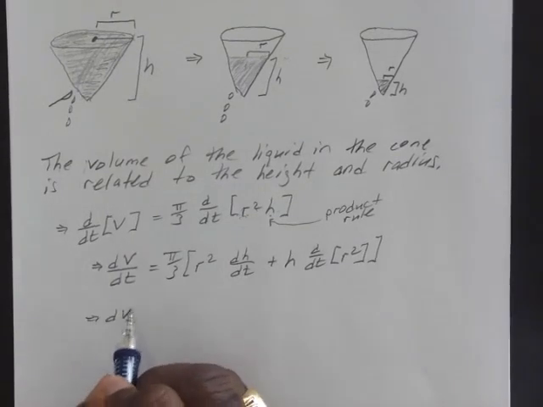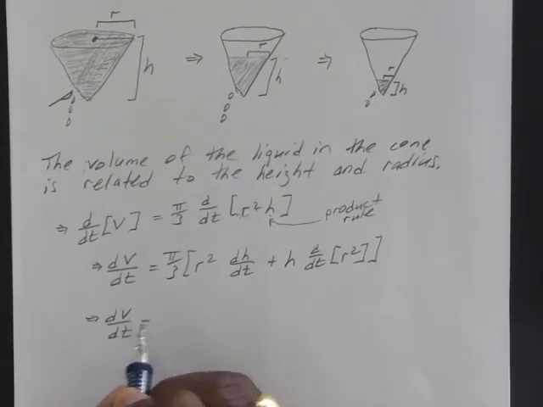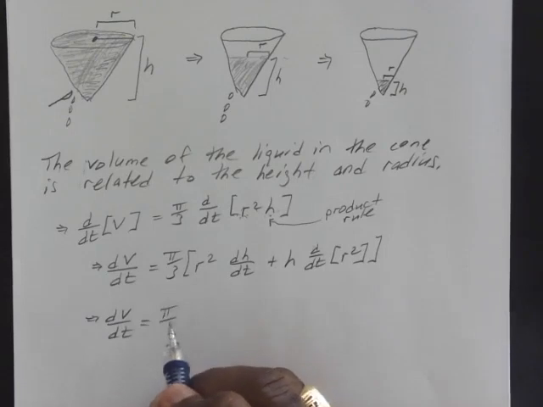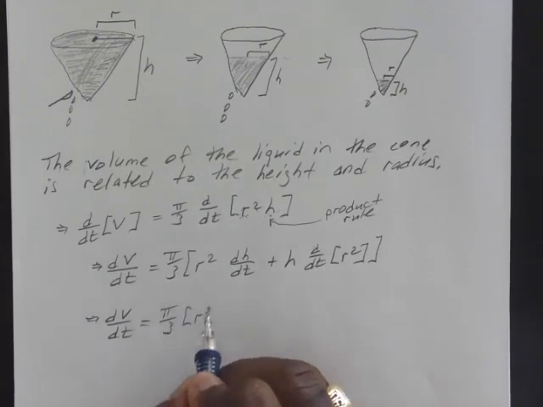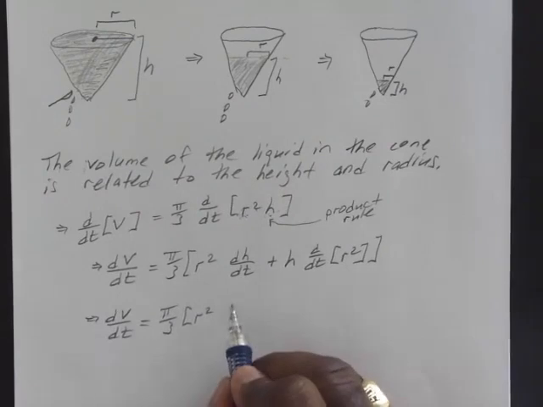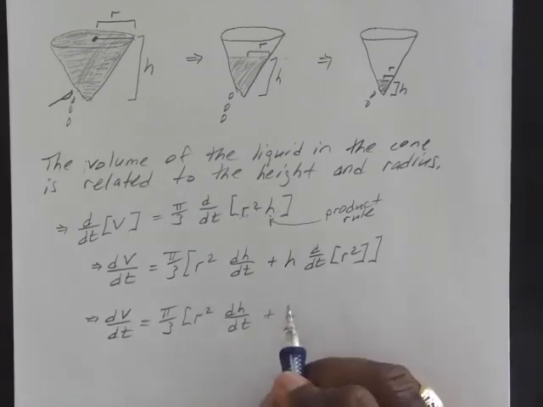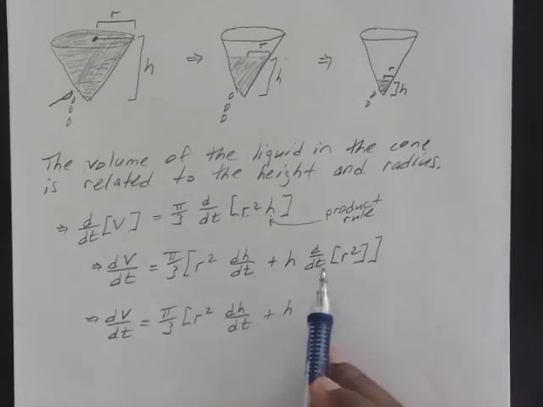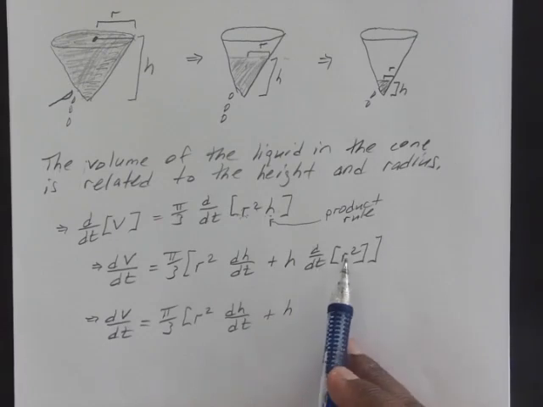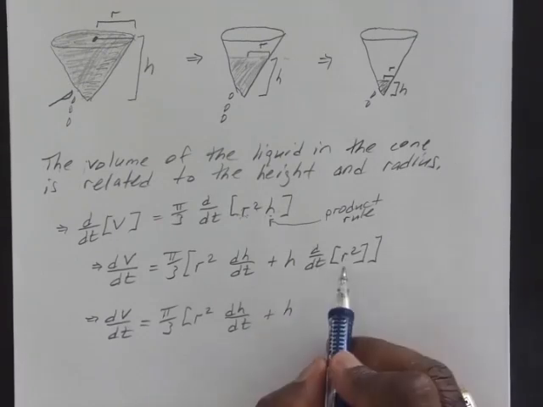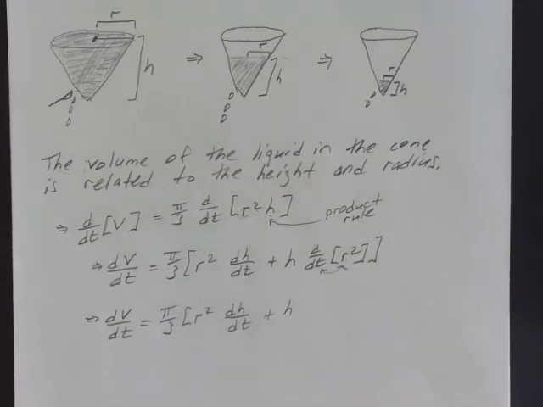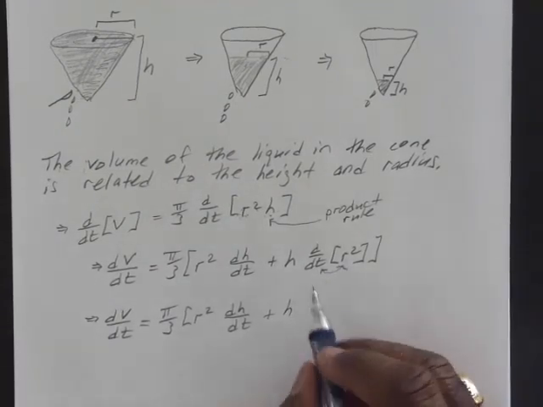Okay, so that means the rate of change of the volume with respect to time is equal to pi over 3 times r squared times the rate of change of the height with respect to time, plus the height times the rate of change of the radius with respect to time. And again, whenever you have a different independent variable, we know we have to use the chain rule.